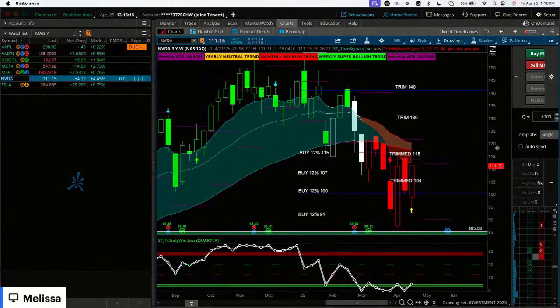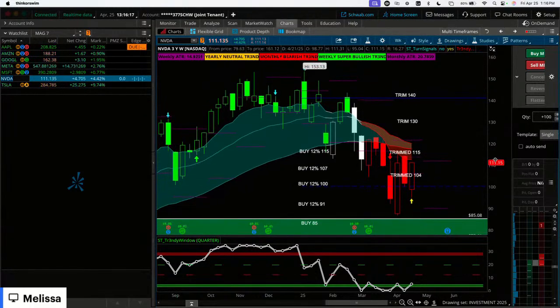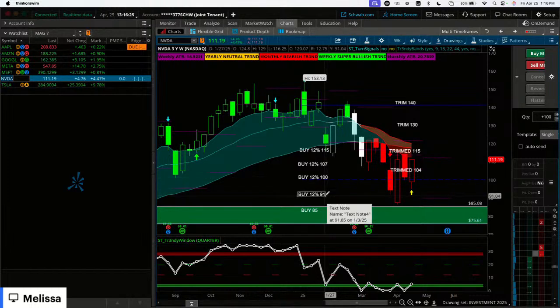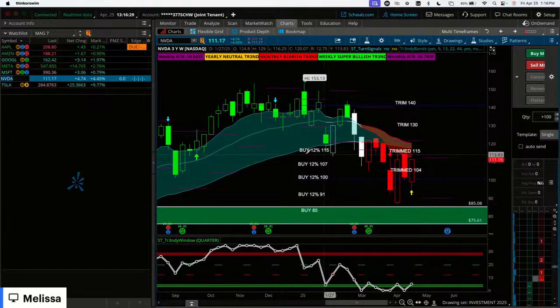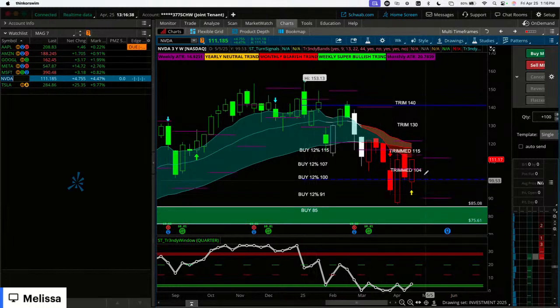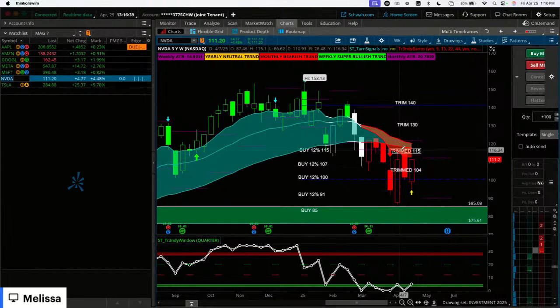I started adding to my equity at 115. I then added another 12% at 107, 12% at 100, and 12% at 91 for a total of 25%. And then I got this buy at 85 for a total of 75%. I have trimmed at 104 and 115.